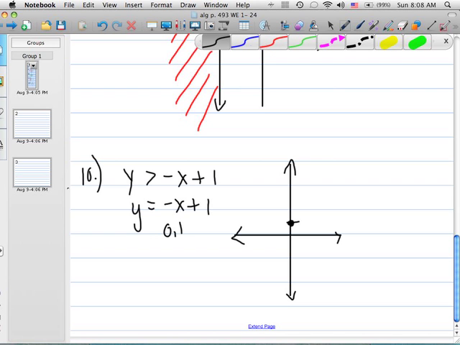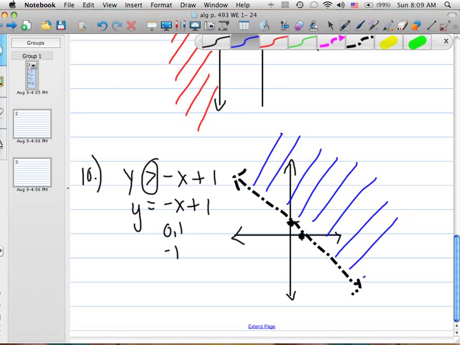The slope is negative 1. So that means down 1, right 1. And we check here, we can see it's going to be a dashed line. Hopefully straighter than that. And it says greater than, so we want all the ordered pairs that are above that line.